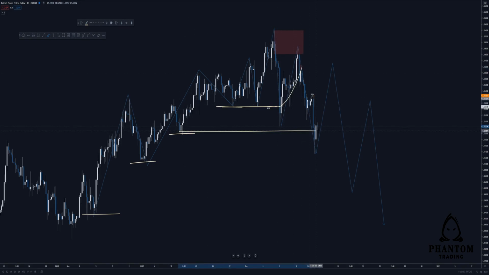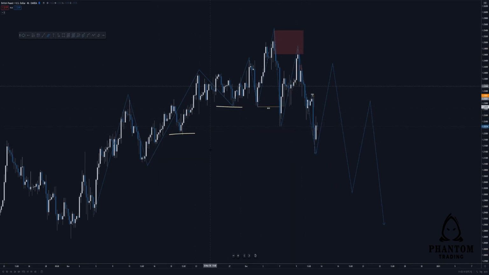Price sweeps it, and we begin our pullback. More than likely, price will come back down, sweep this level, and begin our pullback, right? This is what I would expect. It's not set in stone, right? Price could essentially just drop off and not look at any of this stuff again. But ultimately, that's just kind of how it works.